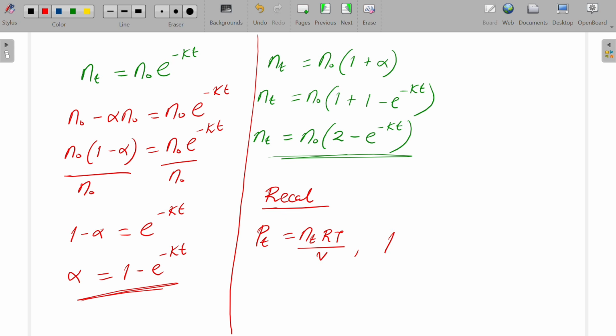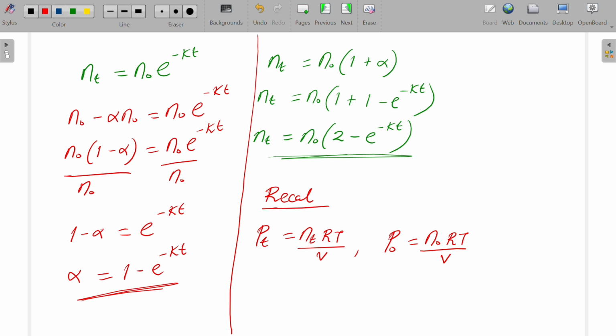And also, the initial pressure will be equal to the number of moles initially multiplied by RT also divided by volume, like that. So we need to recall these two equations here for pressure.